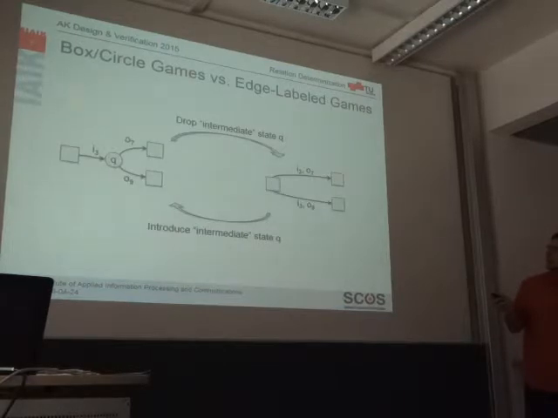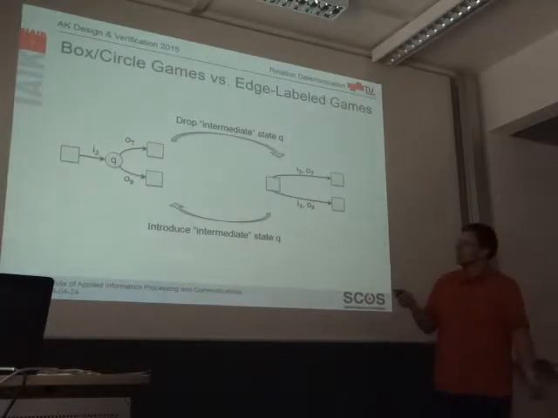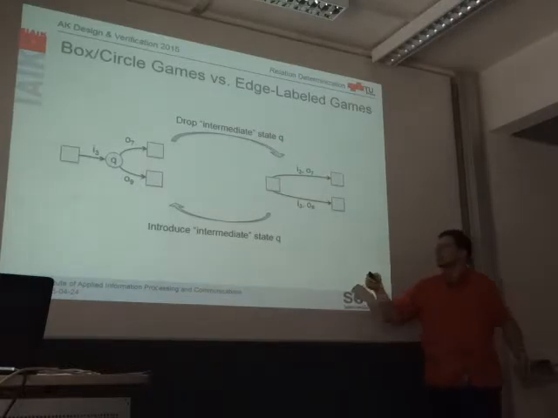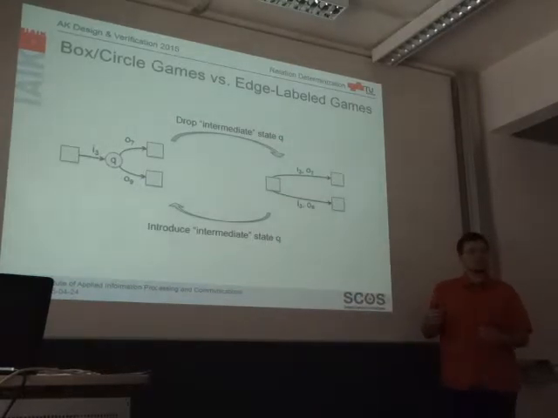So the conversion between these two things is very, very simple. If you want to go from a box circle game to an edge label game, well, you just drop the intermediate states and make the edge labels combined accordingly. And if you want to go in the other direction, you have to introduce intermediate states, obviously for every different input that you get.